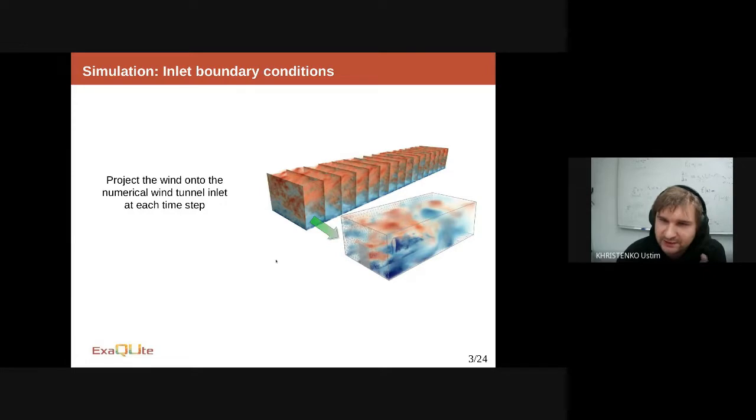We generate one big 3D block of synthetic wind, and then separate it in one direction into different snapshots. In this case, the third direction represents the time, and then we substitute these snapshots as the inlet boundary condition.